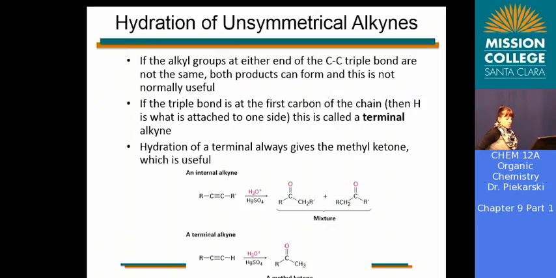So we could have two products form, and having a mixture of products is not desirable, because then you'll have to purify it, right? So for this reaction, we pretty much try to react with terminal alkynes only, because then the only product you get is a methyl ketone. And that's something that's unique and characteristic to this reaction.